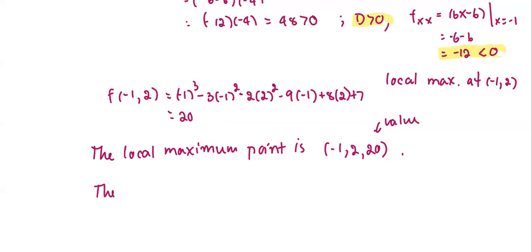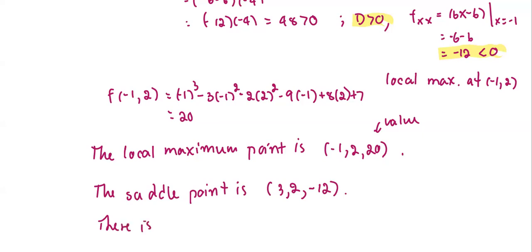And the saddle point is (3, negative 12). And we can say there is no local minimum for this problem.